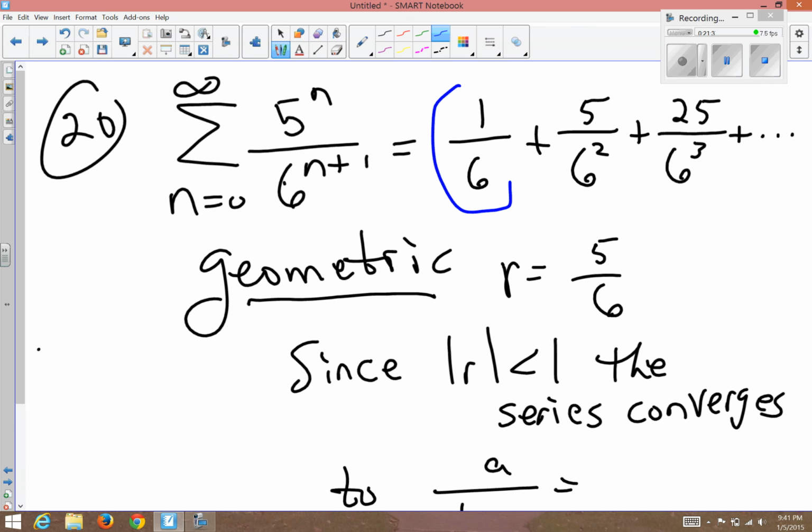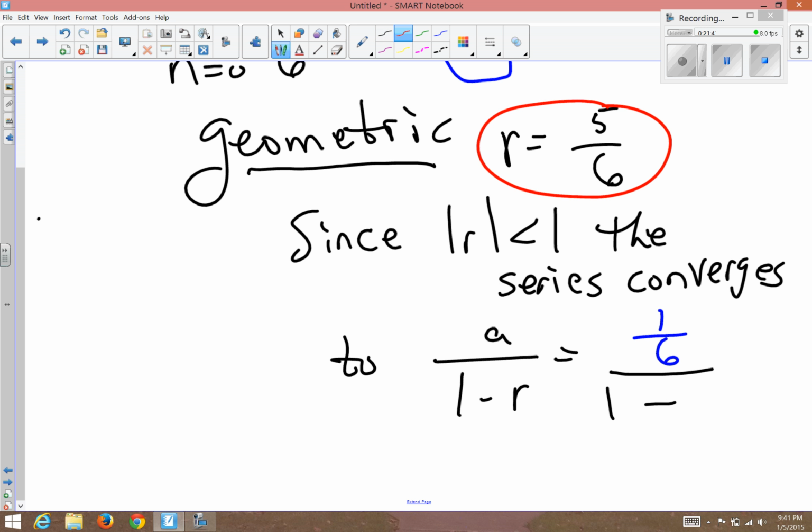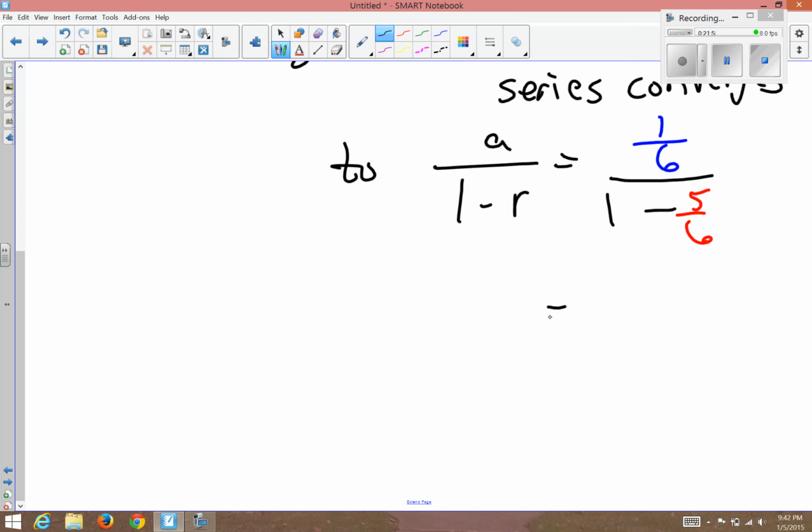Right here, this is a, over 1 minus, this is r. A over 1 minus r. We multiply the numerator by 6. That's okay as long as I multiply the denominator by 6.